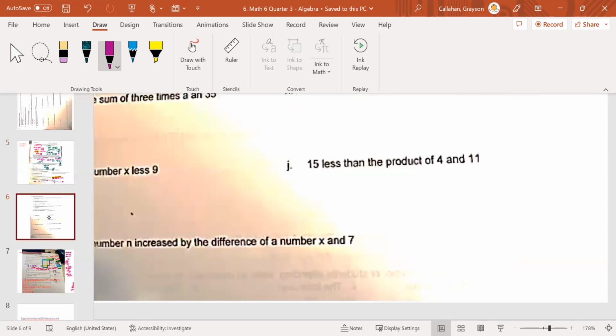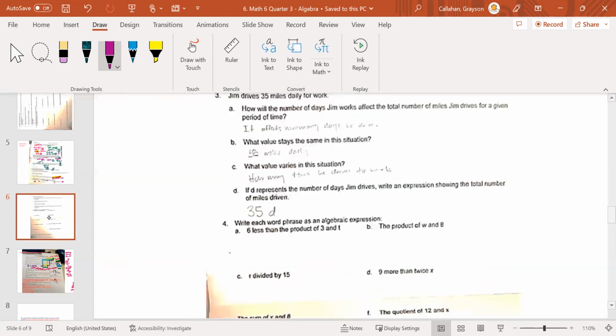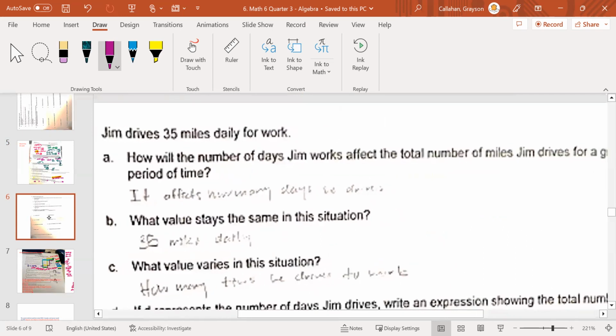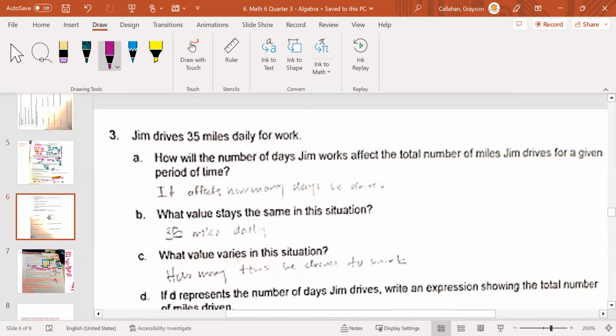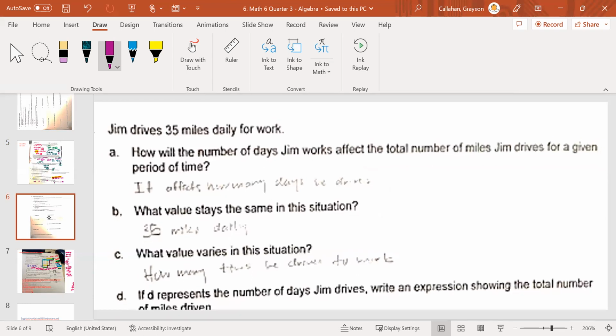Okay, all right, let's go on to the second page of this. This is the second half of it. So for 3, Jim drives 35 miles daily for work. How will the number of days Jim works affect the total number of miles Jim drives for a given period of time? Okay, so every day he drives 35 miles, right? So if I say X equals the number of days that Jim is driving, right?